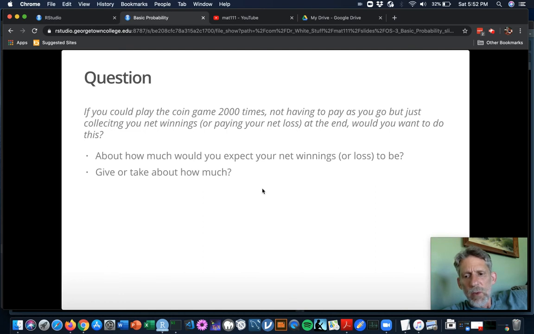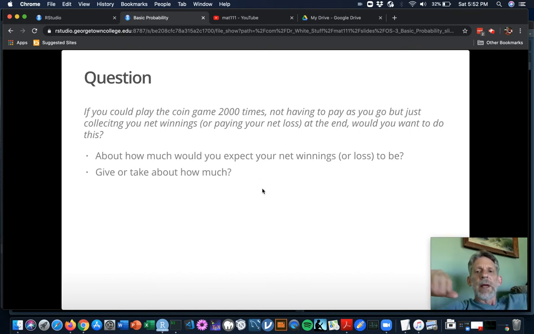Let's think about that coin game again, the one where you win $12 if it's heads, or you lose $10 if it's tails. Suppose you didn't play it once. Suppose you could play it 2,000 times.